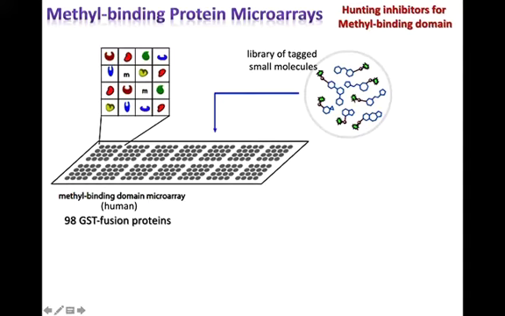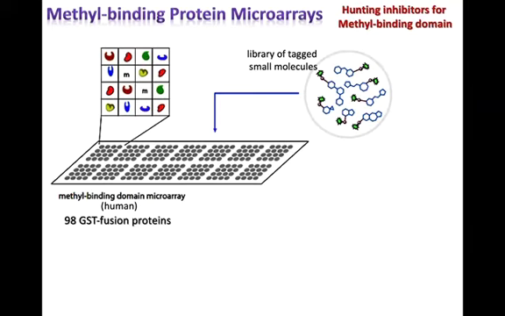Or in another way, we need to hunt for a small molecule that can bind to any of the methyl binding proteins or methyl binding domains of the proteins in order to pick a specific small molecule inhibitor.